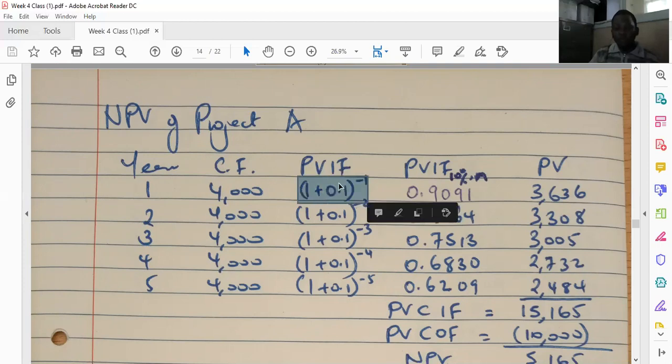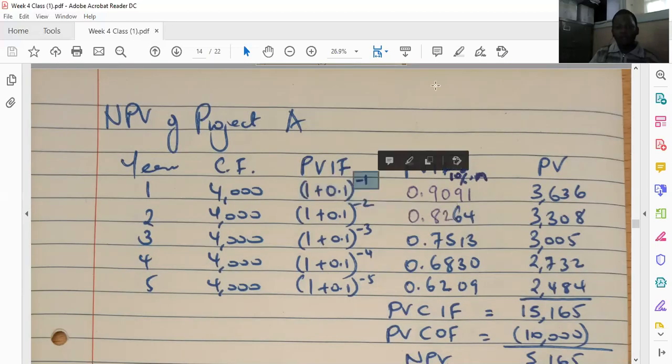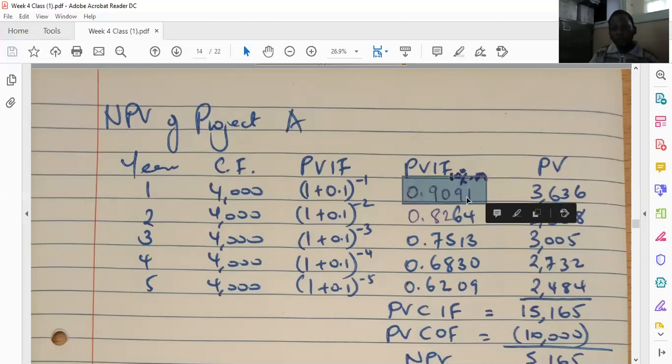So for year 1, the cash flow is 4,000 shillings. Our present value interest factor for year 1 is 1 plus 0.1 raised to the power of negative 1, which goes with the year. This will give us 0.9091. So we multiply 0.9091 times 4,000.